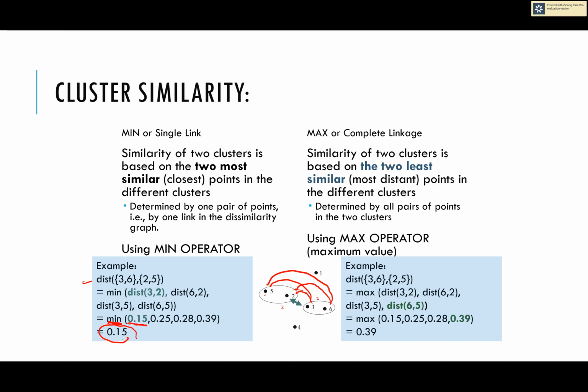So we determine all pairs of points in the two clusters, okay? And then from this, it goes similar to the minimum operator, but then it uses maximum. Okay, maximum operator. From all of this, we can say that 0.39 is the most distant point in your clusters.